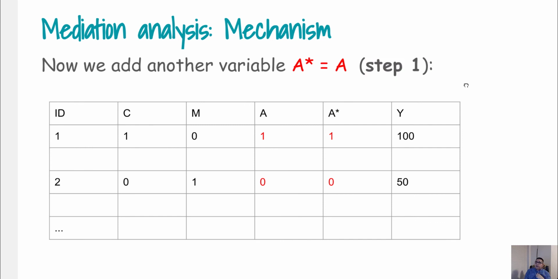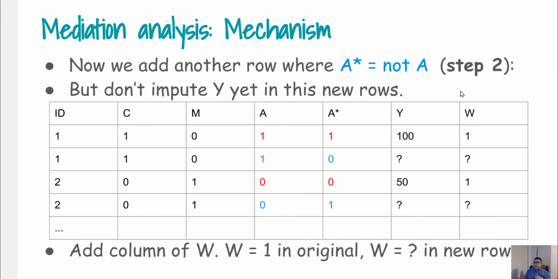And in our step 2, what we are doing is setting alternative facts. That means whoever was in the osteoarthritis group in the original data, now in step 2, in this additional duplicated copy of the dataset, every other variable is exactly the same. The only thing is that we are adding this A star, where the A star values are opposite of what was in the original A value, right?